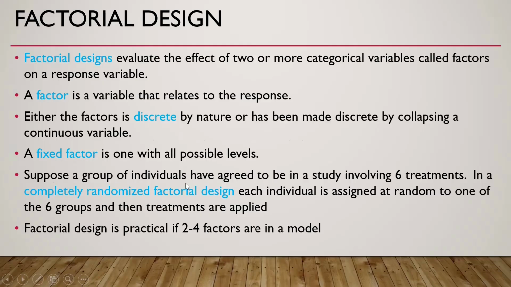Suppose a group of individuals have agreed to be in a study involving 6 treatments. In a completely randomized factorial design, each individual is assigned at random to one of the 6 groups, and then treatments are applied. Factorial design is practical if 2 to 4 factors are in a model.